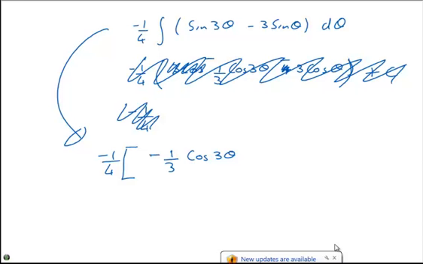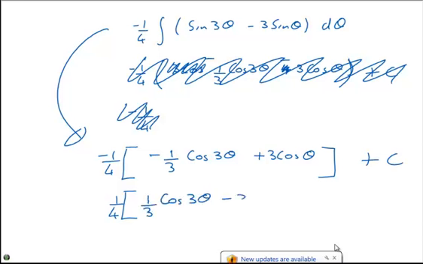There'll be a minus there. Minus stays where it is, so it'll be 3. And that's it.